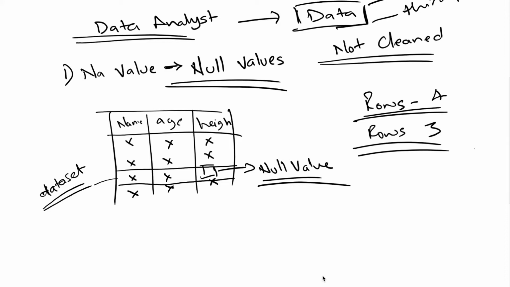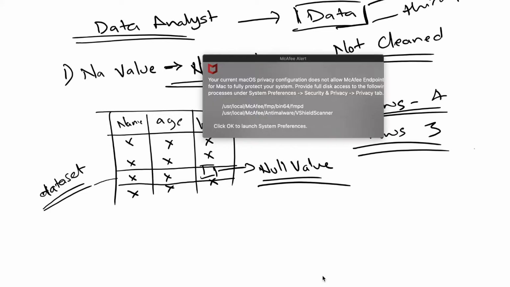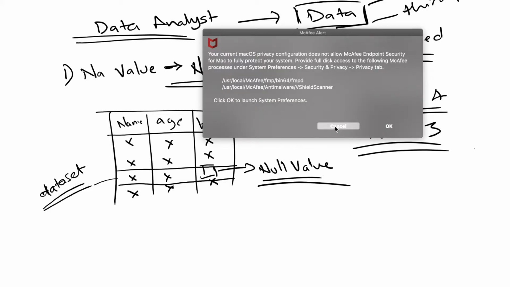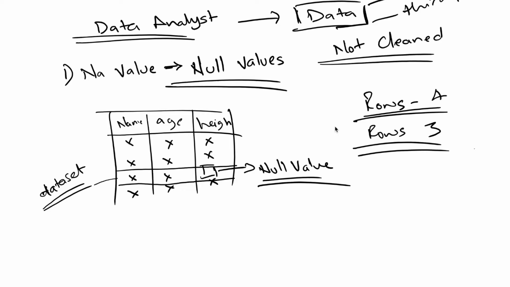Now, we remove null values because when we do modeling, these null values hold no predicting power, and they do not contribute to our data modeling. So that's the reason why we completely disregard the entire row which has null values. So this is one type of data that you can expect in your data set.